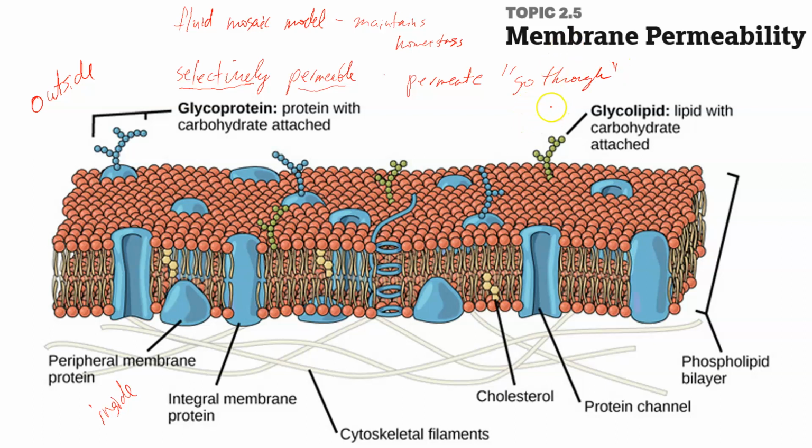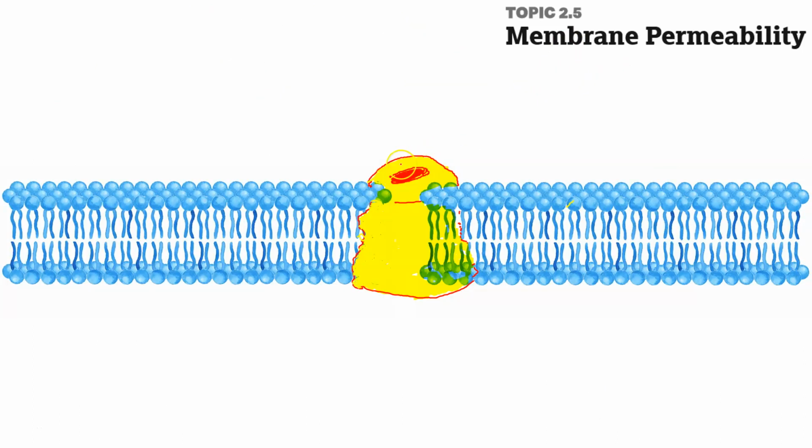So we need to talk now about what can get through the membrane and how easy it is to get through the membrane. I've drawn a little embedded channel protein here, along with some phospholipids that I found an image of on Google. Some things can pass easily through this membrane: small nonpolar molecules can pass very easily, perhaps the easiest thing to pass through the membrane.